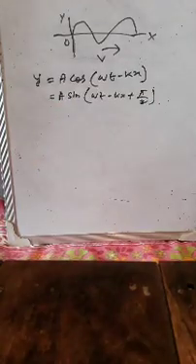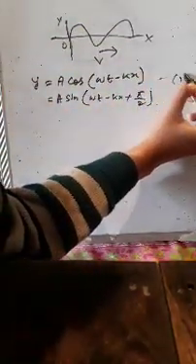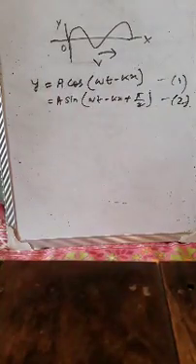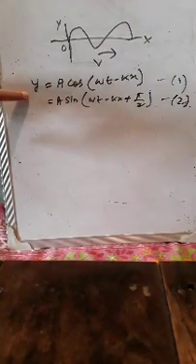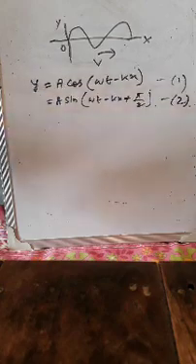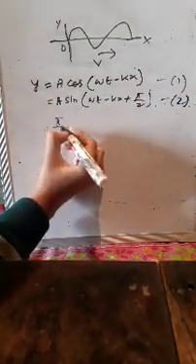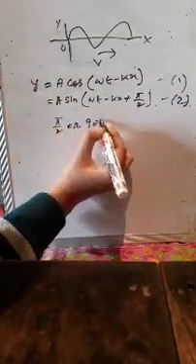Comparing equation 1 and equation 2, it is understood that the phase difference of the two progressive waves is pi by 2 or 90 degrees.